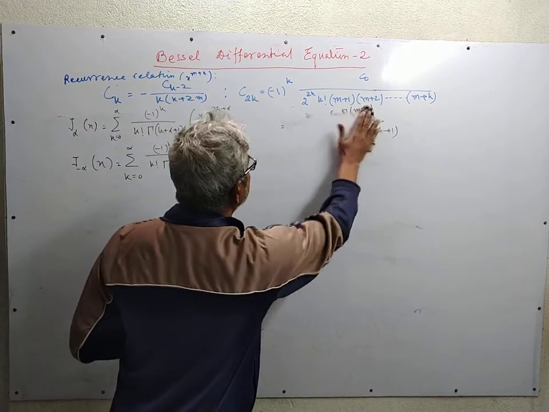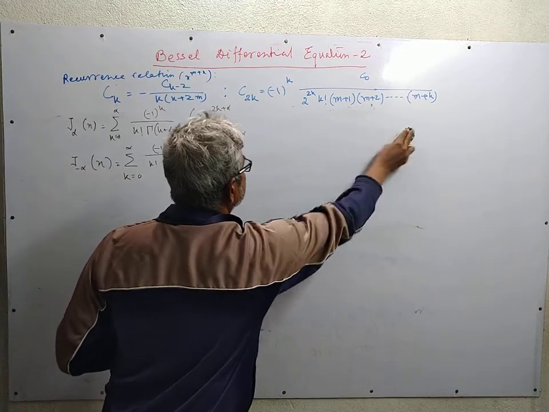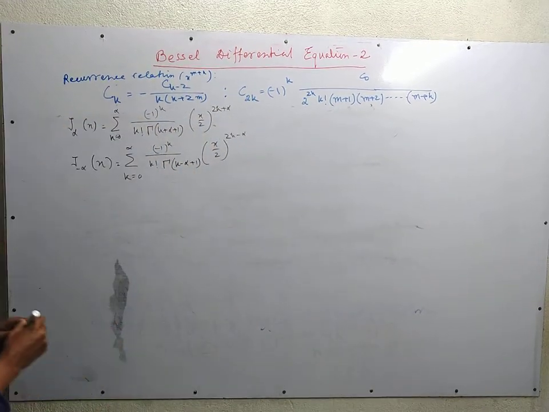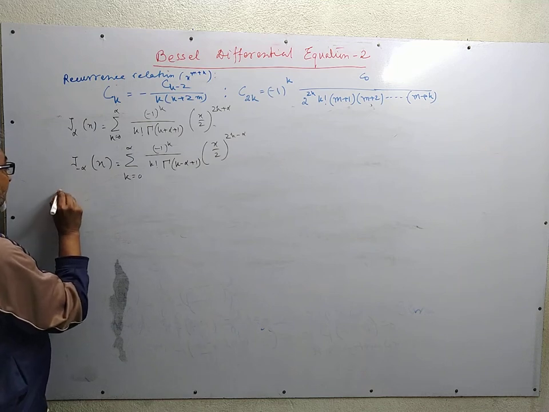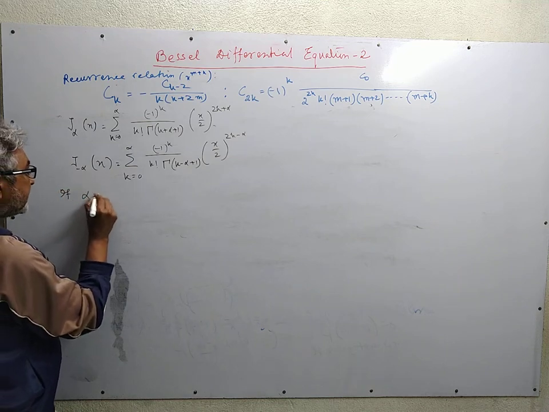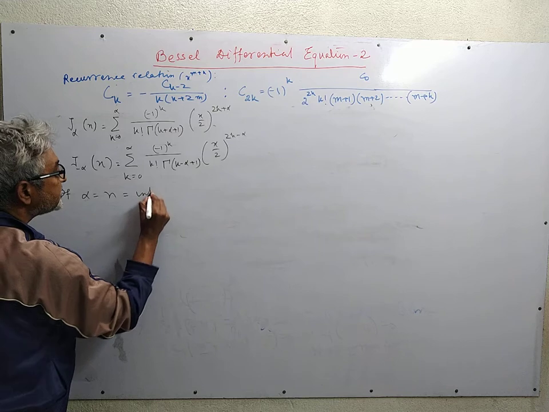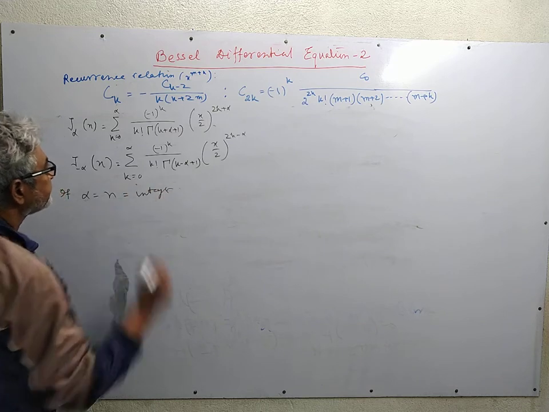We now consider a special case that alpha is an integer. What happens if alpha is equal to n, an integer?